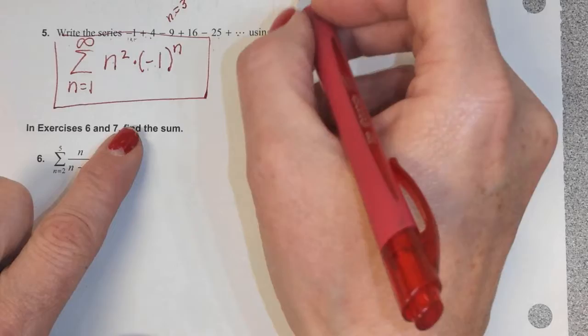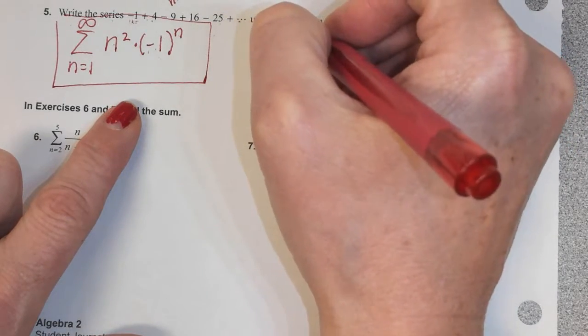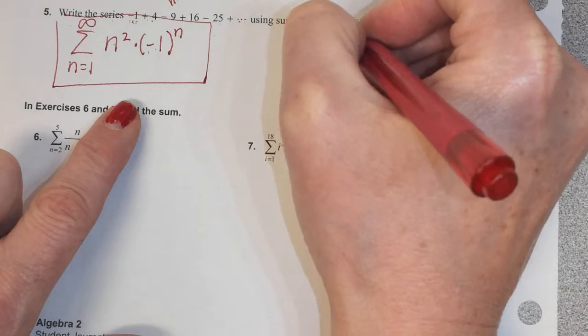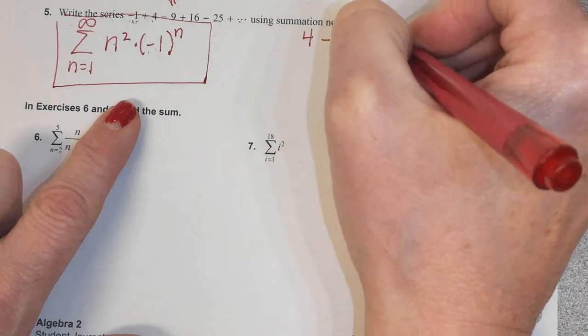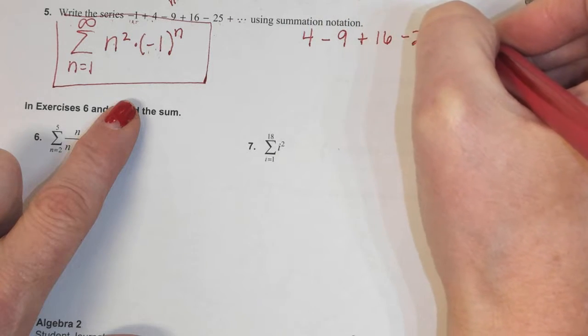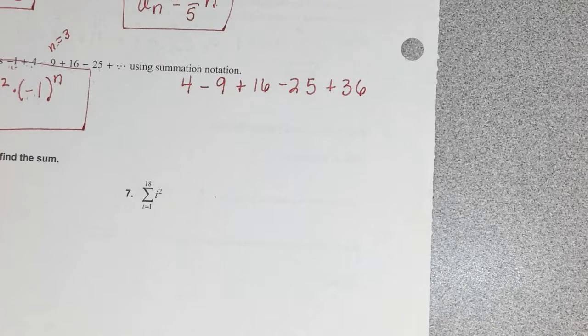Let's have you guys try one now. I'm going to write out a pattern. Here's your pattern. It's going to go 4 minus 9 plus 16 minus 25 plus 36. That's your pattern. See if you can figure it out.